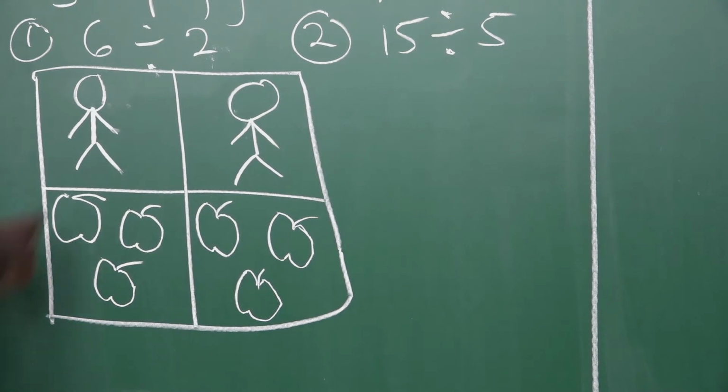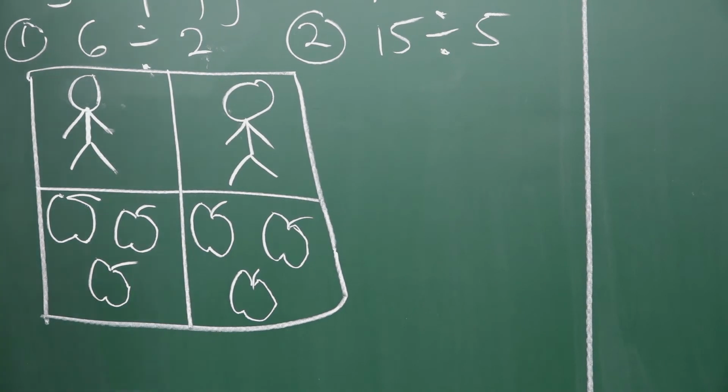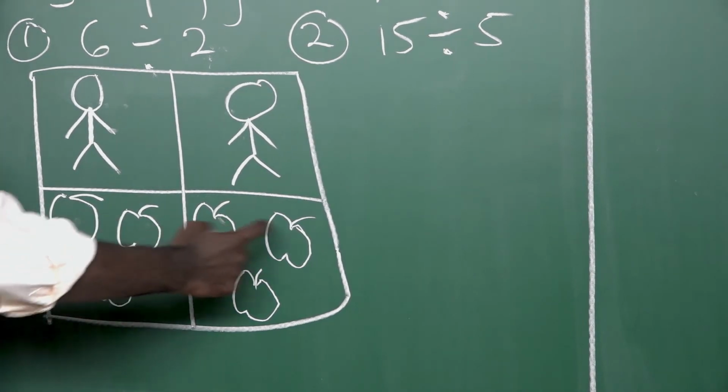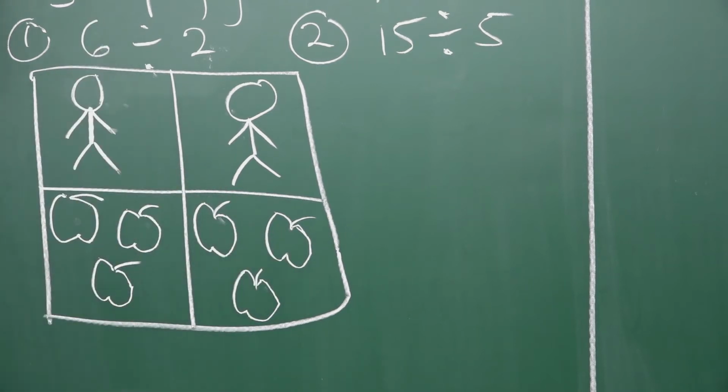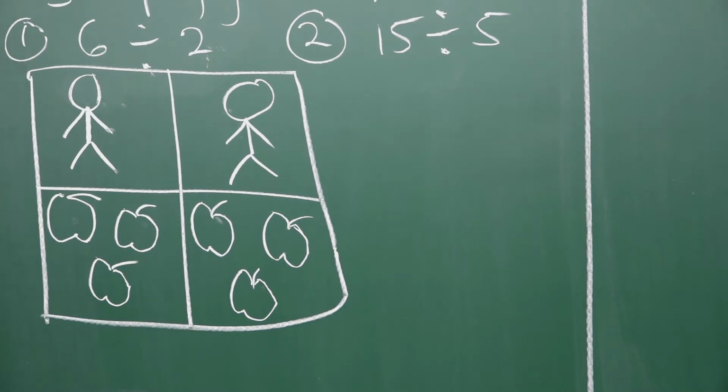So let's count. If the entire apples are up to 6, then we'll know we are correct. So if we have 1, 2, 3, 4, 5, 6, that's 6. That means it's correct. So you can see that this is evenly shared, and each person has an equal number of apples as compared to the other person.